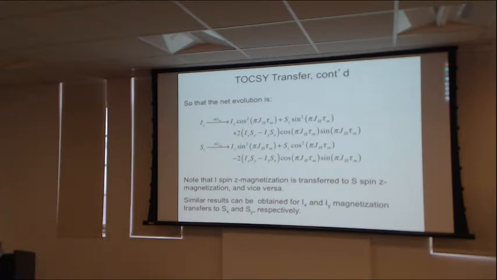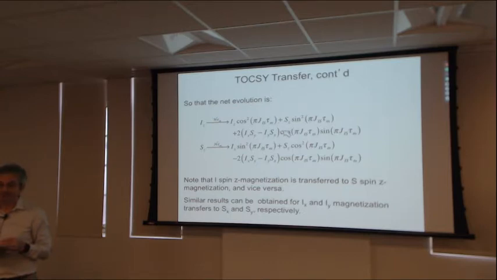Now it's also the case that when I come to detect this signal, say the SZ signal here, I'm going to have to read that out by converting it to transverse magnetization with a 90-degree pulse. So suppose I apply a 90-degree pulse, this becomes, say, SX magnetization.